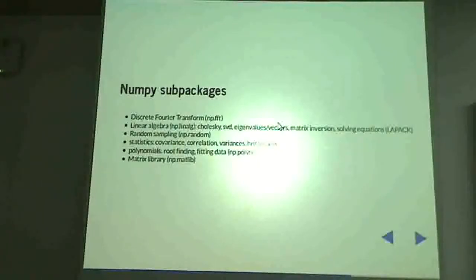There are a number of sub packages which we won't go into, but I'll just mention the main ones. There is a sub-package of NumPy called FFT, which does discrete Fourier transforms. There is a module called np.linalg for linear algebra, and it can do Cholesky decomposition, singular value decomposition, compute eigenvalues and vectors, matrix inversion, and so on, and also solve equations using the LAPACK library.